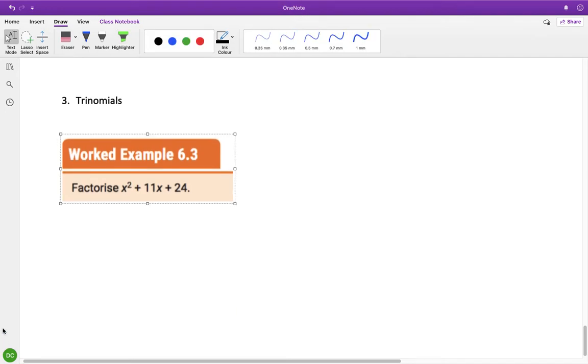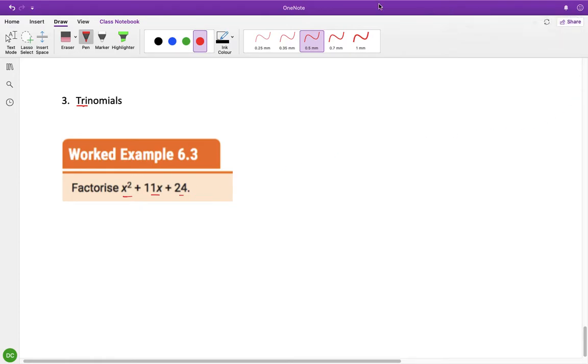Right, so quite a few little bits to this. It's called a trinomial. In the previous ones, the highest common factor and the difference of squares, I explained how you recognise them. But this one is the easiest to recognise because it's the only one with 3 bits: 1, 2, 3.